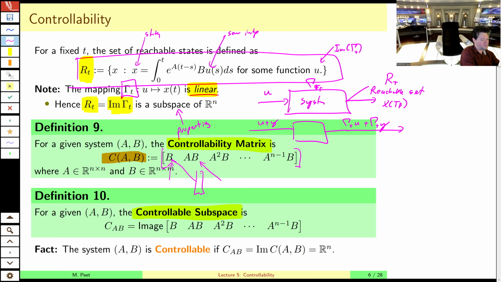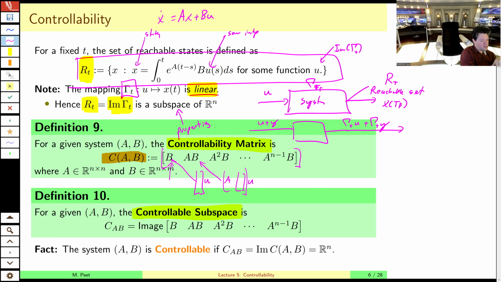So B is sort of like the set of states which are initially influenced by U. So BU. And then we get the set of states which are influenced by BU, but indirectly through this A matrix here. So we have this BU, which is still skinny, and we multiply it by an A, but the result is still skinny. The inputs get mapped to some states. I should write down the x dot equals, to remind you what the system is.